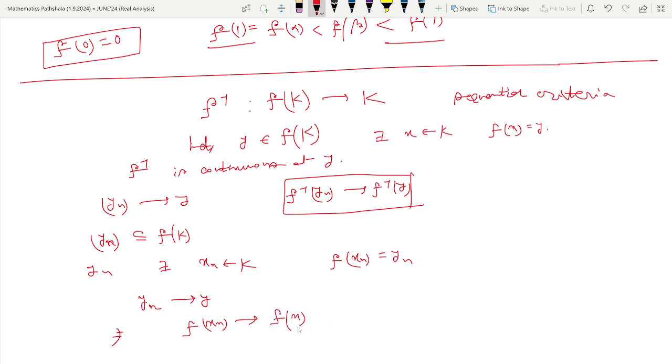So that is actually the limit as n tends to infinity of f(x_n) equals f(x), and as f is continuous, we have f of the limit as n tends to infinity of x_n equal to f(x).